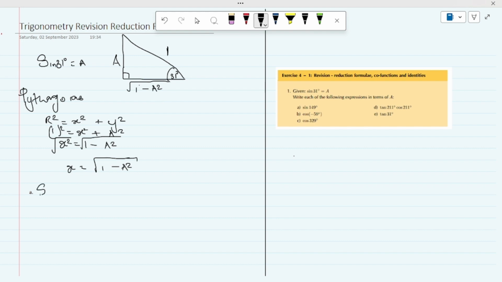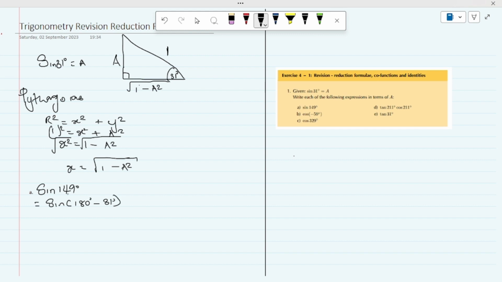We need to find the value of sine 149 degrees. So sine of 149 degrees is equal to what? Because you know that this angle is big, it's going to be sine of 180 minus 31 degrees.